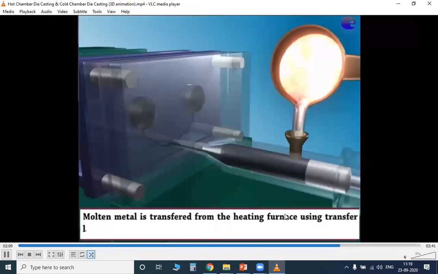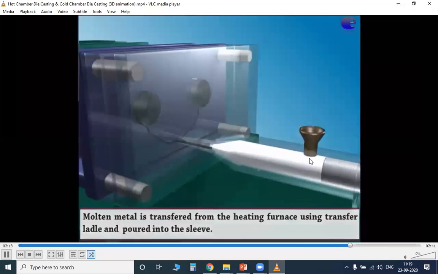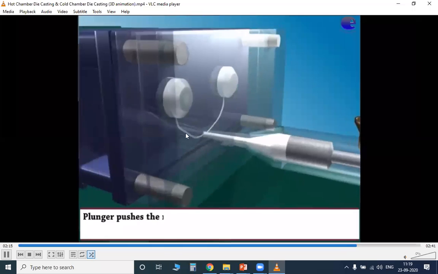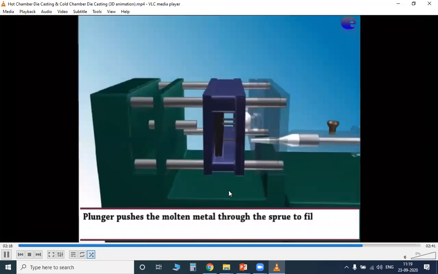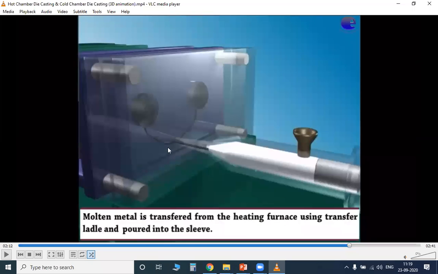Molten metal is transferred from the heating furnace using a transfer ladle and poured into the sleeve. These are the gating systems. These black wires are nothing but a gating system through which the molten metal is carried over to the die.